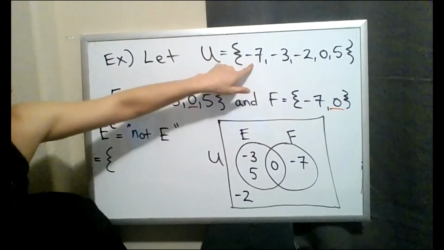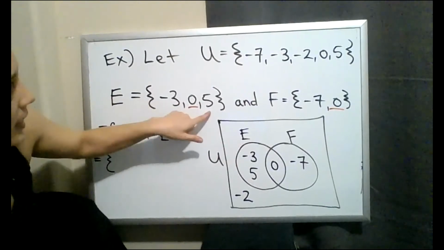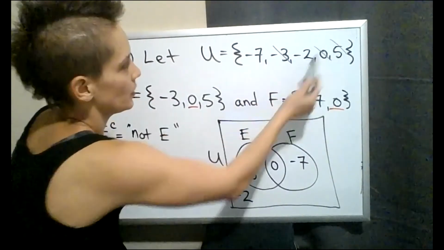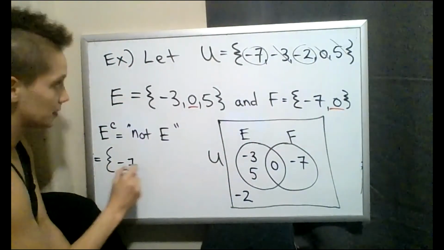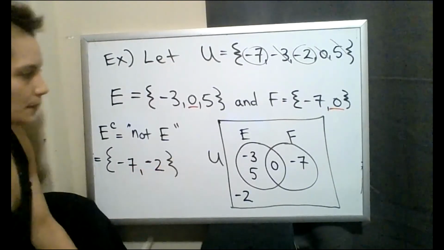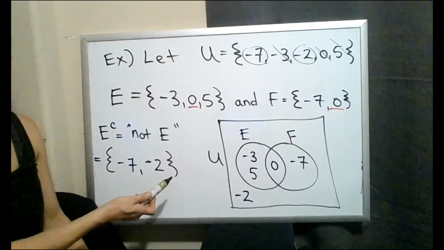Or you can come over here and cover -3, 0, and 5, which leaves these ones. Close your set with a curly bracket.